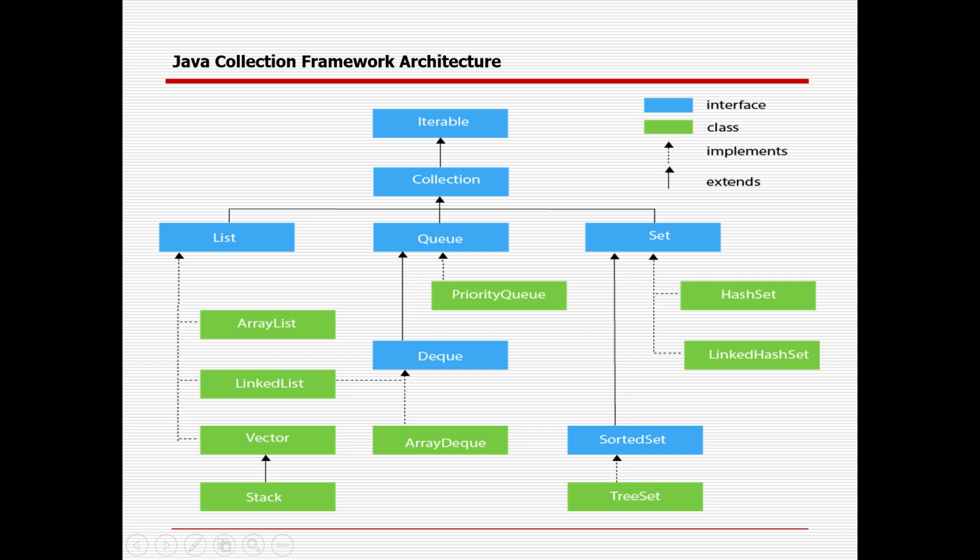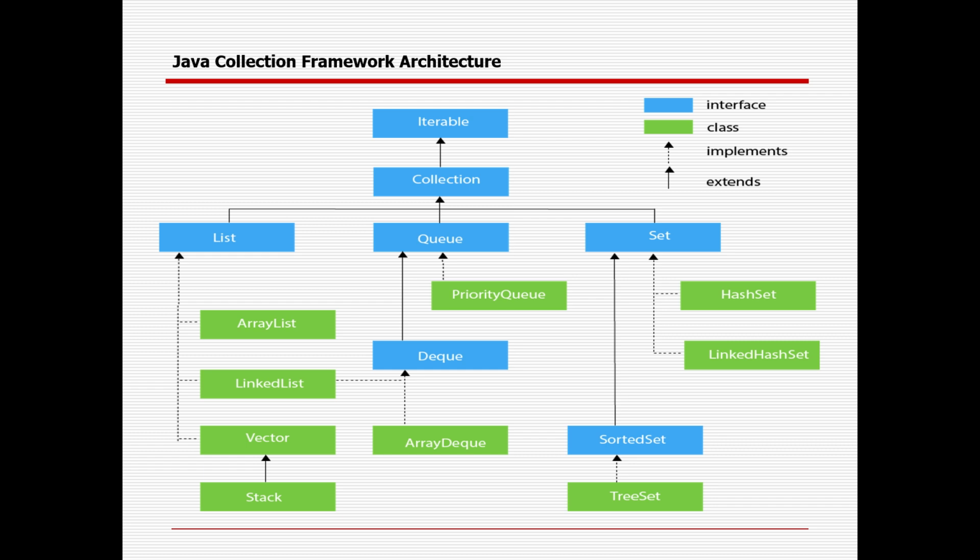Try to understand a couple of things, starting here. List: what does it mean by the list interface? List means whatever way you add the values, the same way it will give you the data back, in the same format. That is called a list.